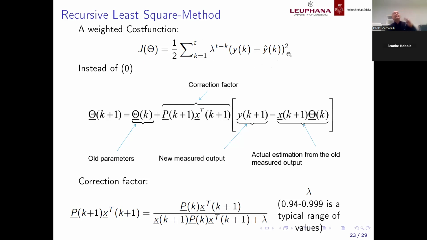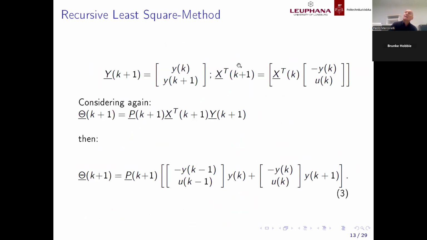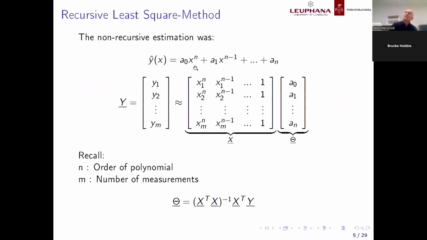Do you remember, in our static least square for PSO, I introduced least square as a static least square. We minimize this function with lambda equal to 1. Also this expression at the beginning, with this solution, we obtained with lambda equal to 1. Basically, the classical least square.